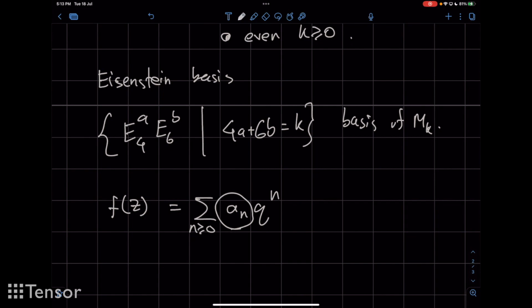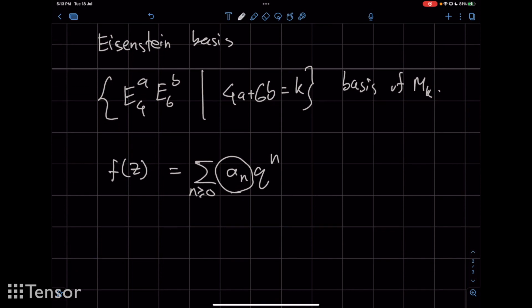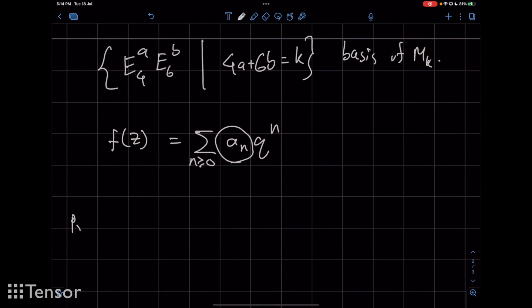But f belongs to a finite dimensional vector space. So it's natural to guess that if we know only finitely many coefficients, then we can uniquely determine the modular form. And in fact, that guess is correct. Let us state it.